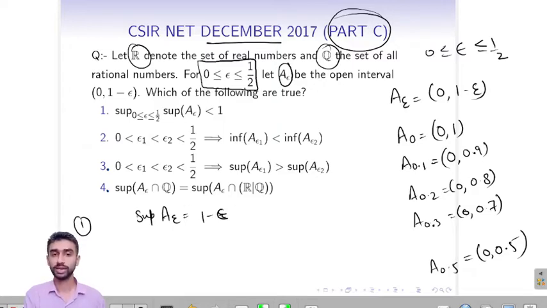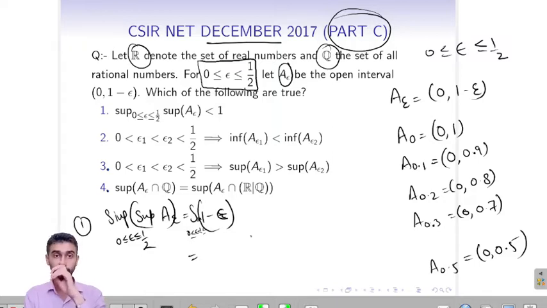Now the second part is to find the supremum of this whole thing, when epsilon is between 0 and 1 by 2. So now I will find the value of this 1 minus epsilon, I will find its supremum when epsilon is between 0 and 1 by 2. At what value will this give you the maximum answer?